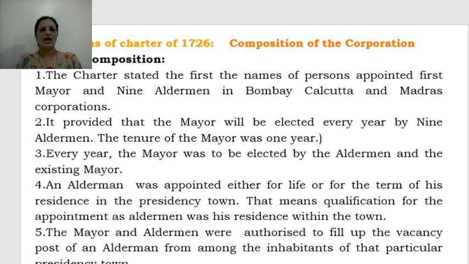Number 4, an alderman was appointed either for life or for the term of his residence in the presidency town. That means the qualification for appointment as alderman was residence within the town. Number 5, the mayor and aldermen were authorized to fill a vacancy of an alderman from among the inhabitants of that particular presidency town.